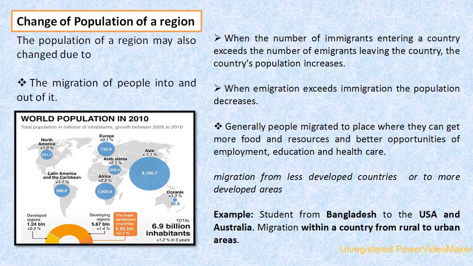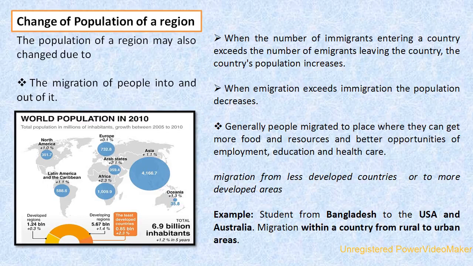In the same way, in some regions the population can be changed because of some other matters. Let's look at them. What all things can change the population? The population of a region may also change due to the following things. First, we are going to look at migration of people into and out of the country or a region.